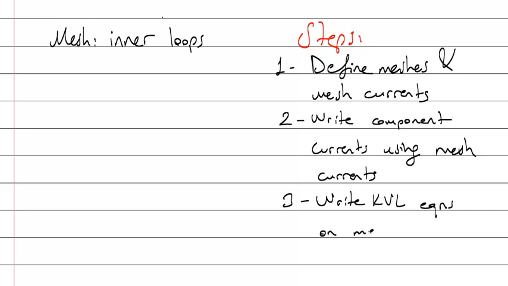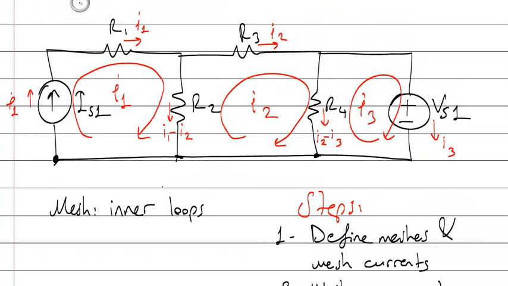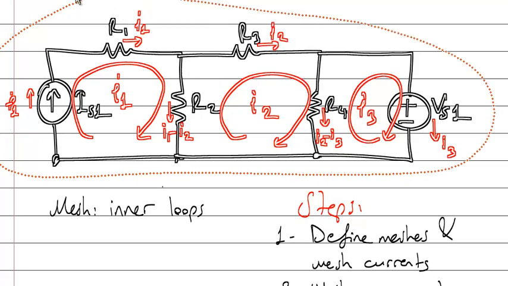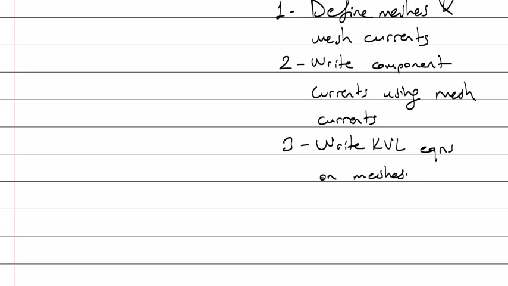Remember, node method was the application of KCL. Mesh method is the application of KVL. We will write KVL equations. Let me copy my circuit and try to write the KVL equations.